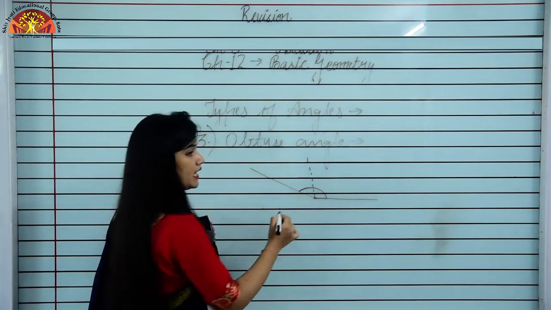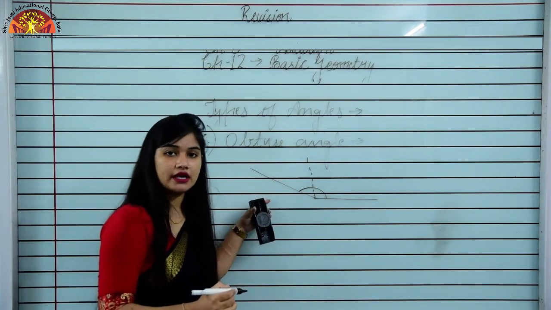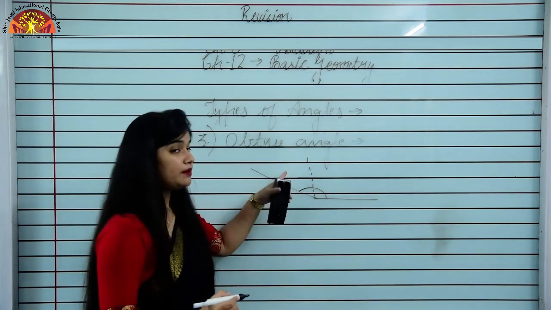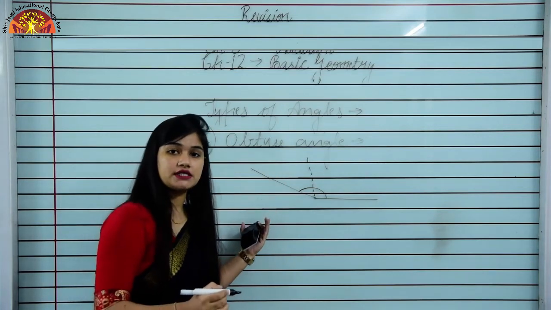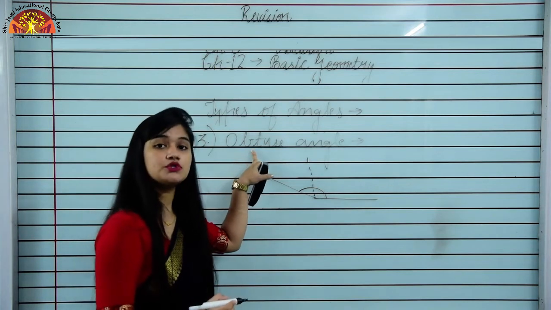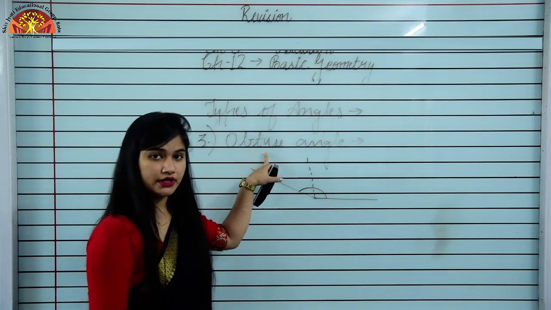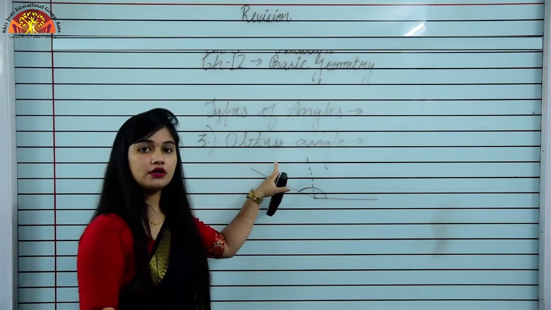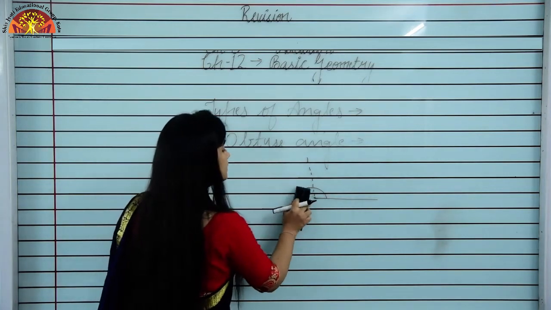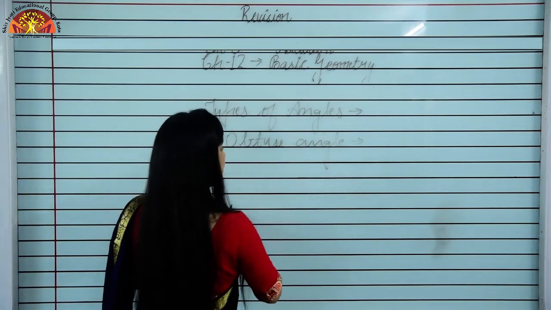It means this angle is called obtuse angle. Understood? This will be greater than a right angle. 90 degree will be right angle, less than 90 acute angle, and more than 90 will be obtuse angle. Now we'll see an angle.